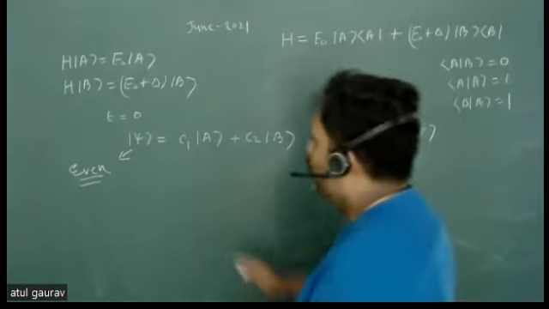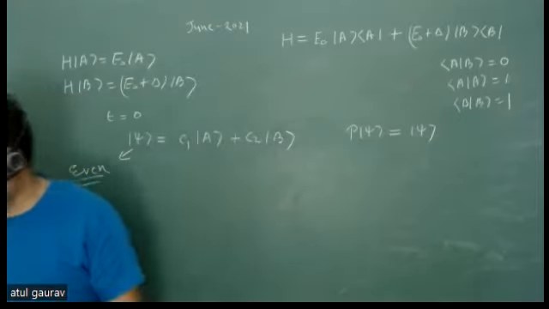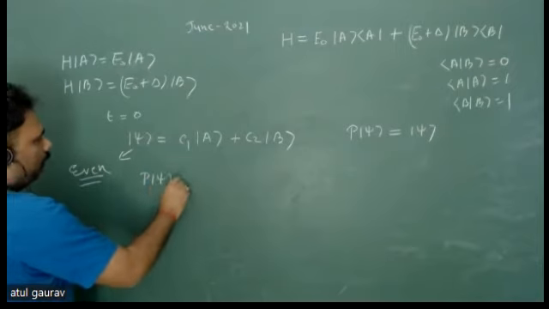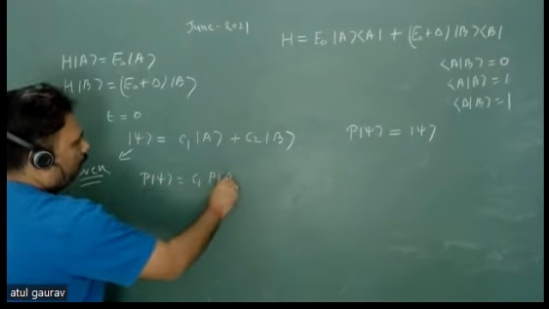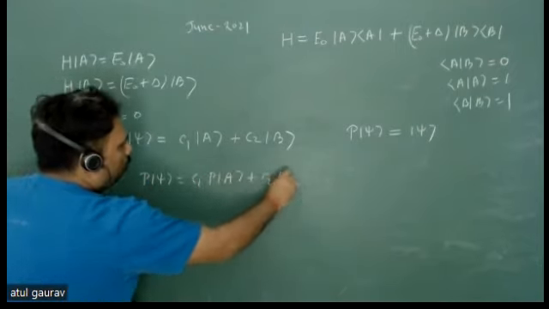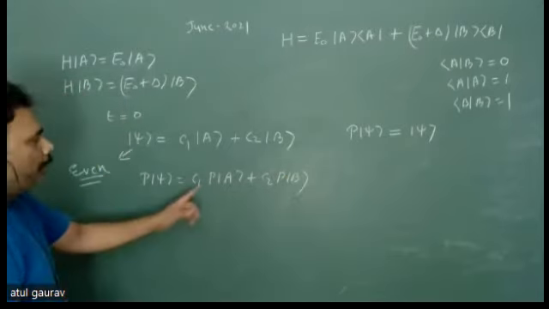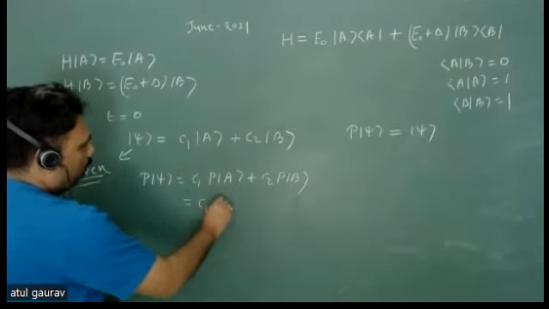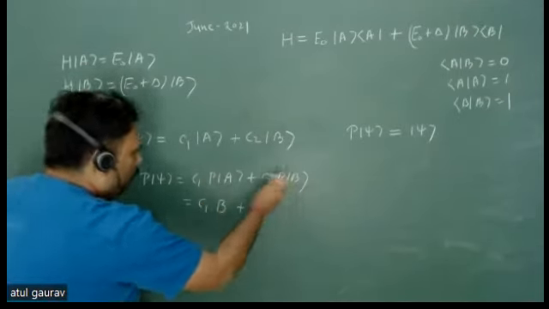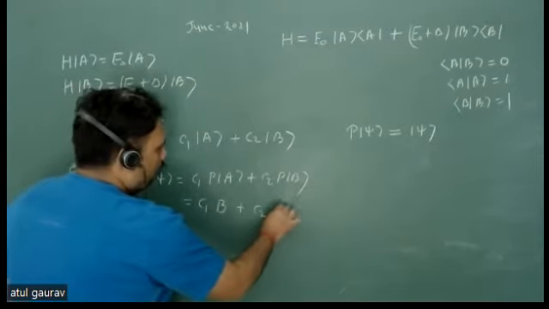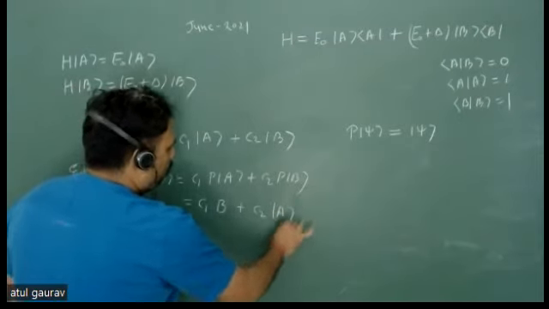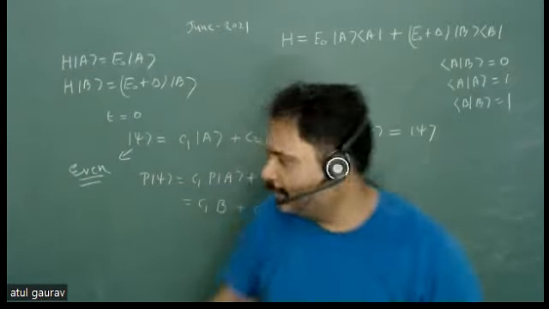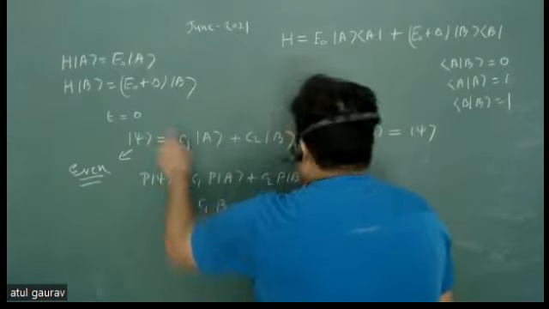So what will happen when we operate P onto this particular psi? We get C1 PA plus C2 PB. P operates on A, what do you get? C1 B. P operates on B, what do you get? C2 A. And according to the definition, P psi must be equal to psi.